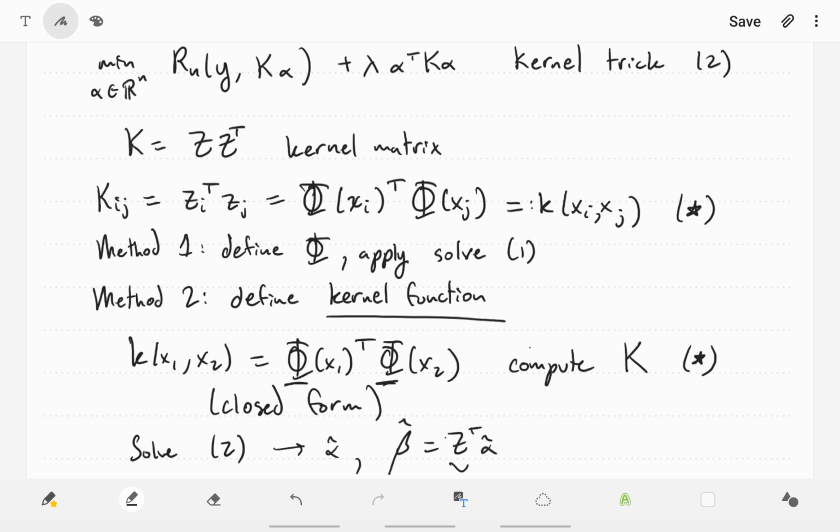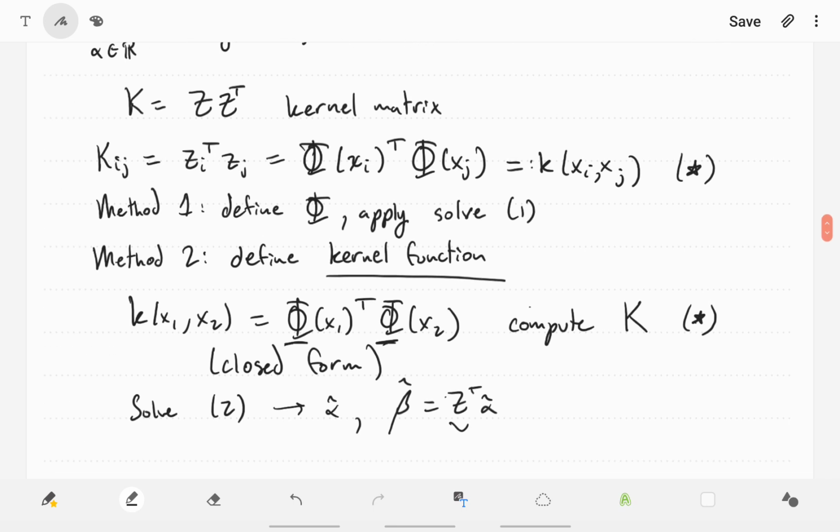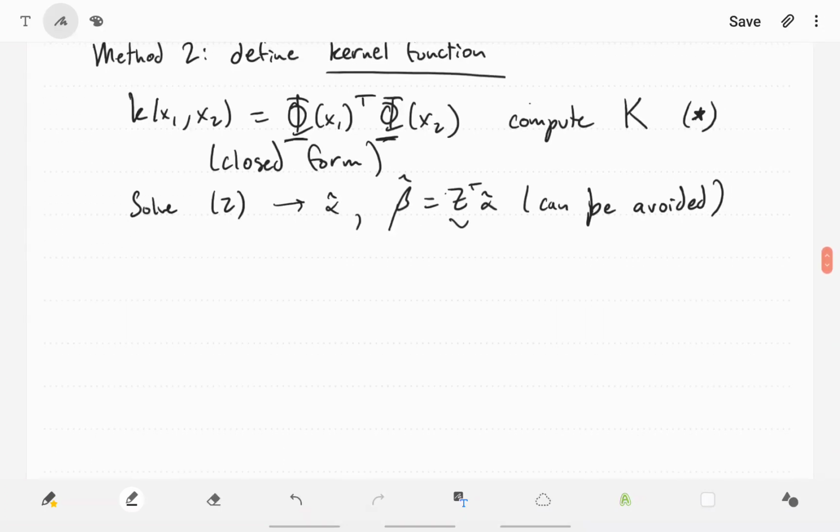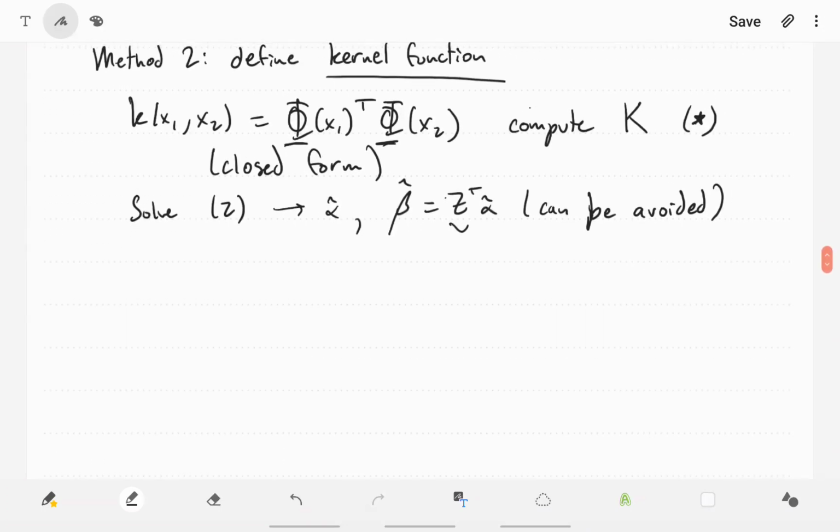Okay, now how do we do predict? We don't actually want to compute this beta hat, right? So this can be avoided. I'm going to say that computation of Z at all can be avoided if you have this closed form for this inner product.